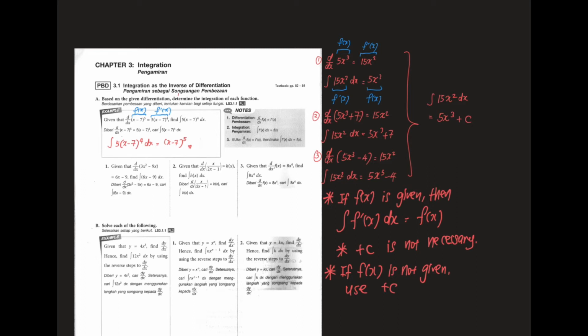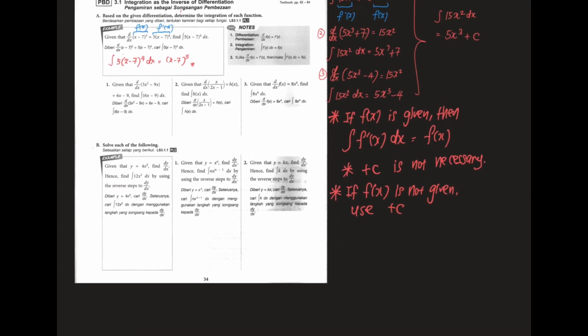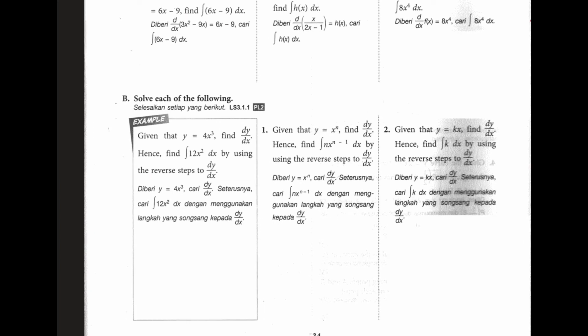Okay, now question 1, 2, 3 I will let you try afterwards. Let's see part B. Given that y equal to 4x cubed, find dy/dx.